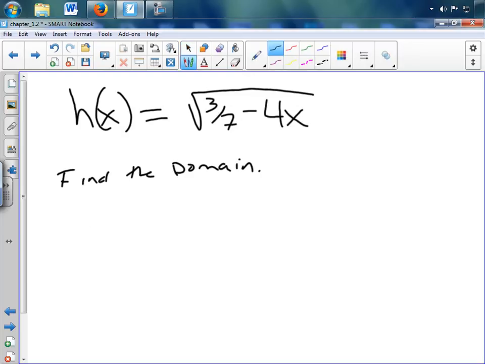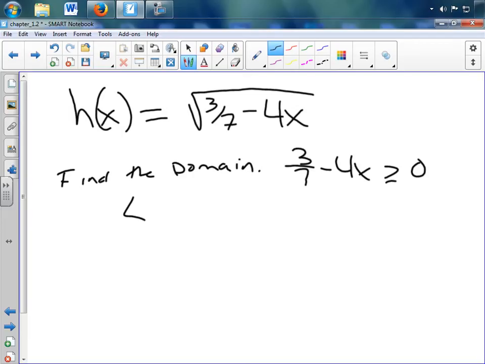Again, this fails when it's less than negative. I've always been doing less than, so let's see what it looks like when we say greater than 0. That would be all the right answers. If you want, we can do it that way too. 3/7 minus 4x greater than or equal to 0.